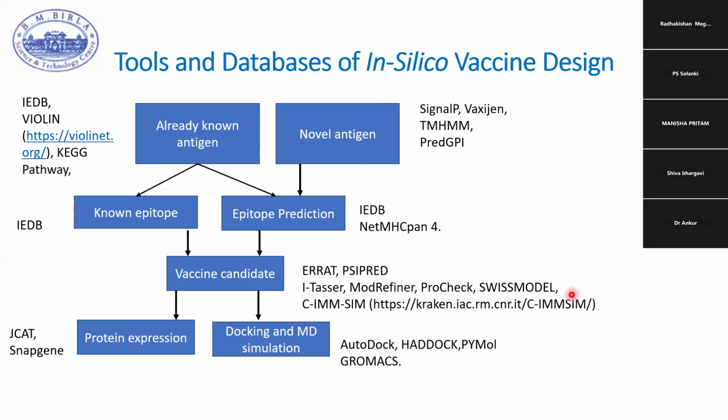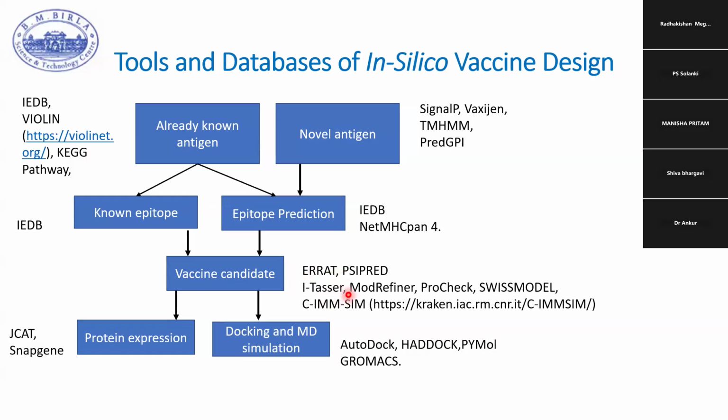If you are developing a novel vaccine, Swiss model is not a very good software for your protein. I suggest you should use I-TASSER for your designed vaccine.